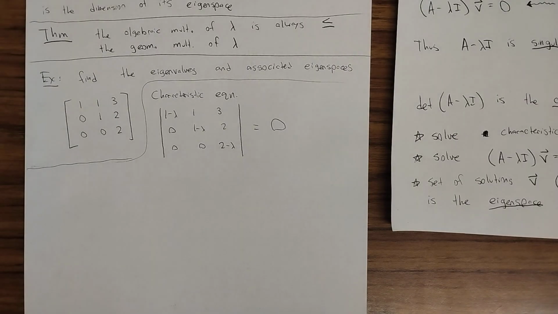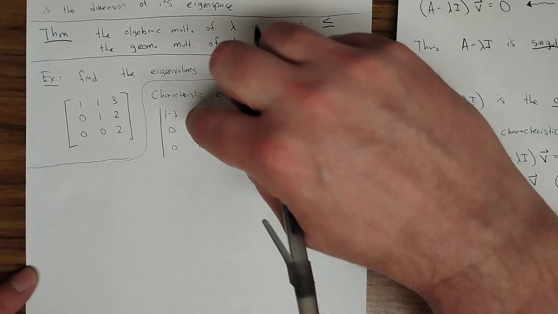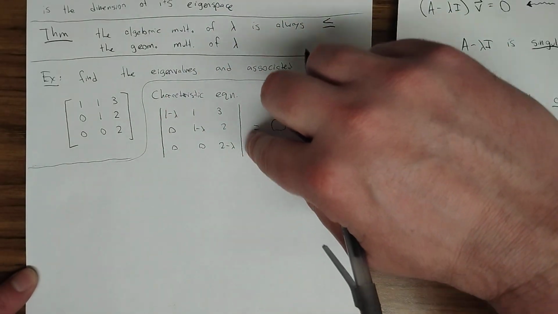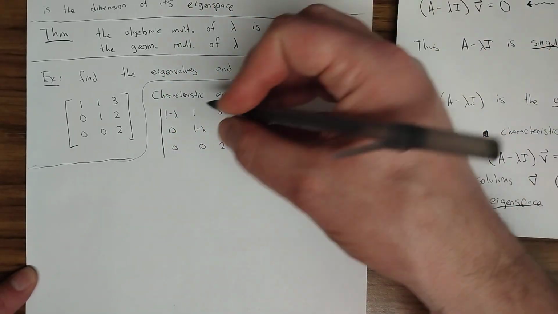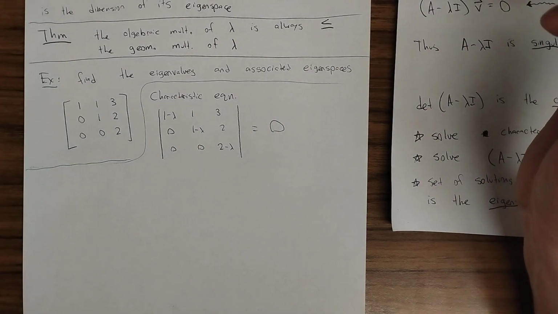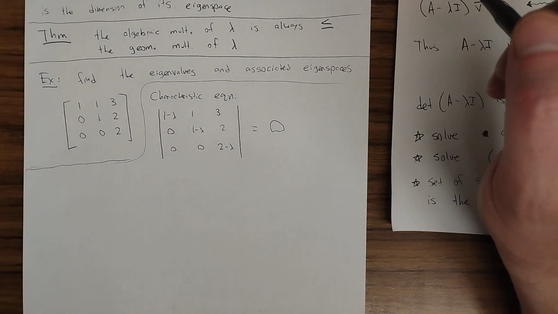So here I have my 3 by 3 determinant. And of course, determinants in general can be a pain. I could do the shortcut for 3 by 3 determinants, where I copy this column down here and copy this one next to that, and then I go down, down, down, up, up, up.